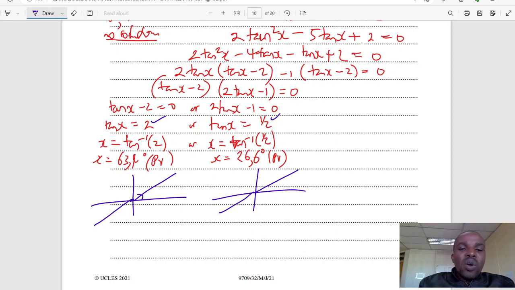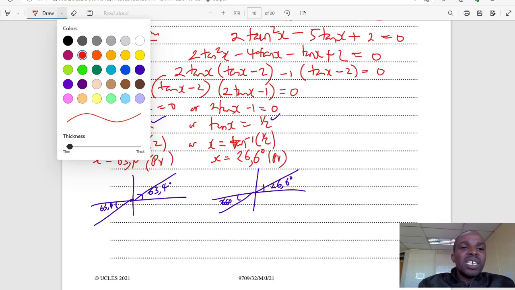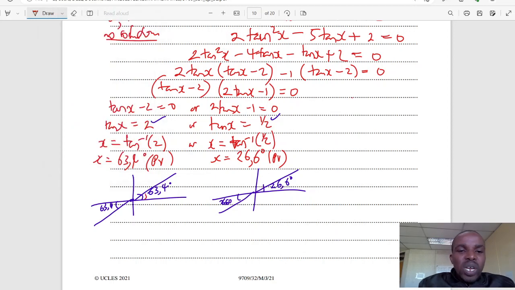So I can put my angle here as 63.4 degrees. And here, 63.4 degrees. Here, it will be 26.6 degrees. And here, it will be 26.6 degrees. So my solutions are always from the positive x-axis, right? To the line. To the first line, this one is 63.4. But in radians, please, you just divide by 180, right?